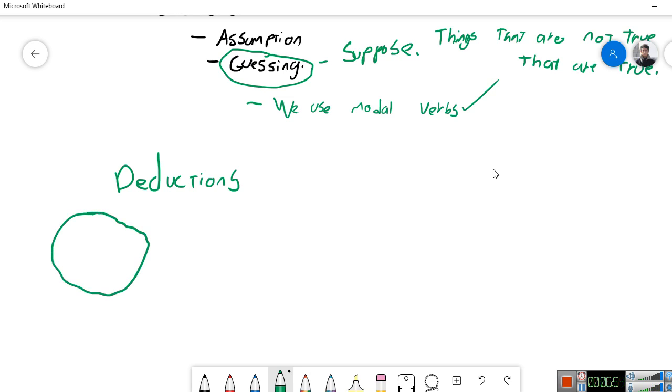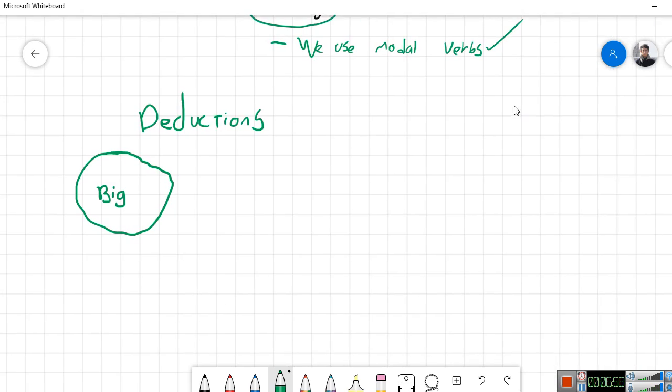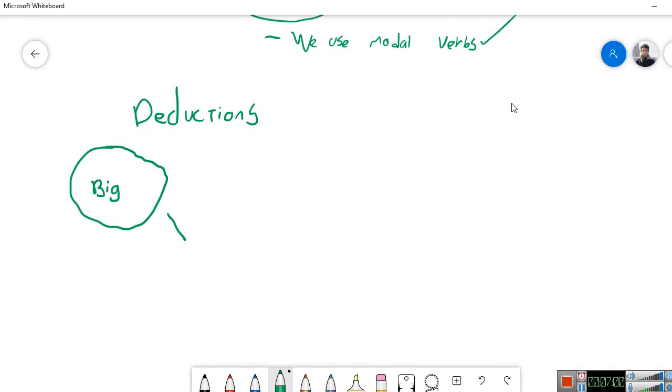Let's imagine something big right here. We make an observation of that big thing, and from that observation, we make an idea.